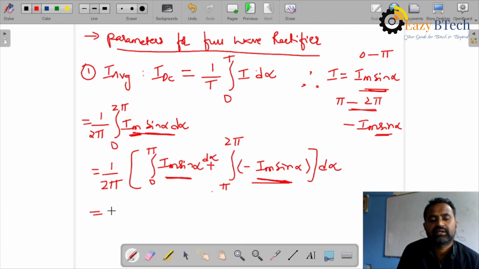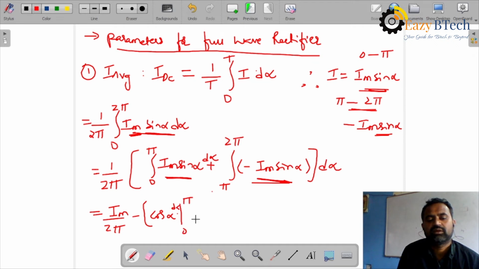Now we will write 1 by 2 pi, here Im will come out, integral of sin is minus cos alpha d alpha with an interval between 0 to pi. Here minus, again integral of sin, minus into minus, it becomes plus cos.